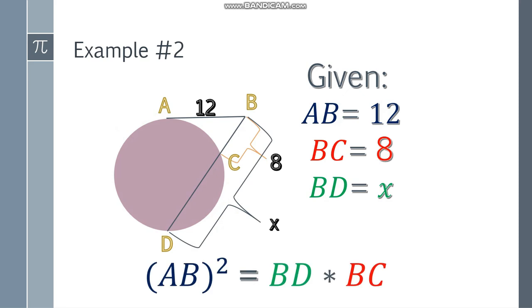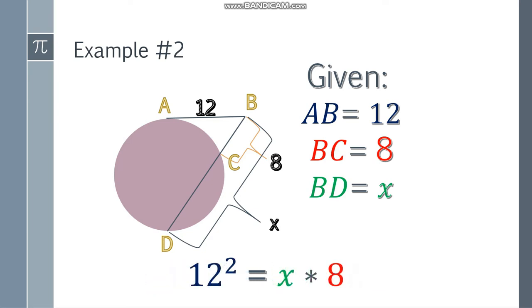So place the formula. We have AB squared is equal to BD, the whole secant, multiplied by the external segment of the secant. Substitute the values. We have 12 squared is equal to X, since BD is the whole secant, times 8.